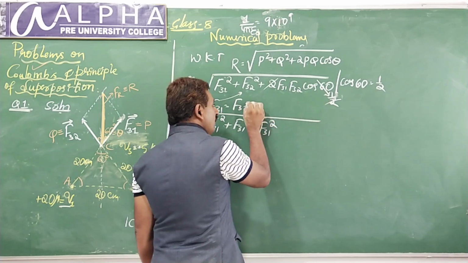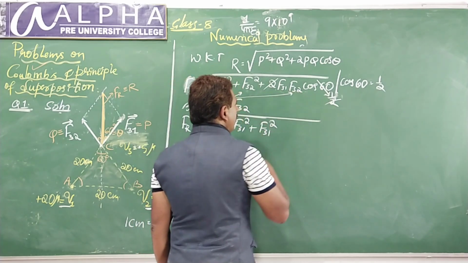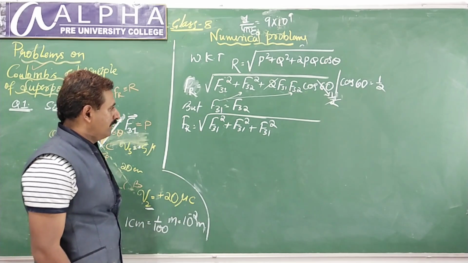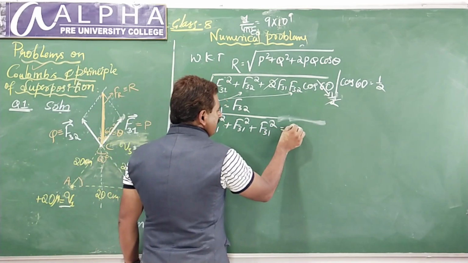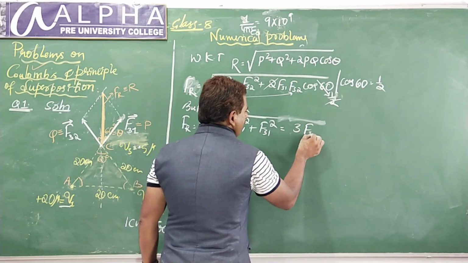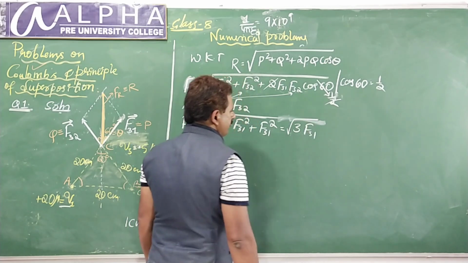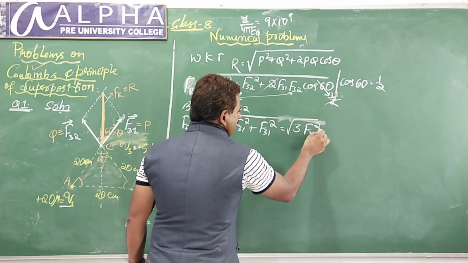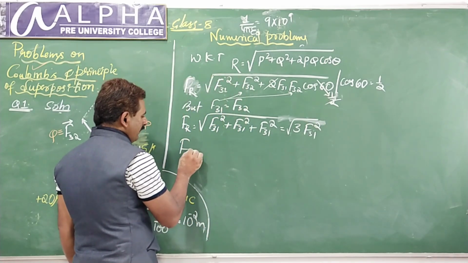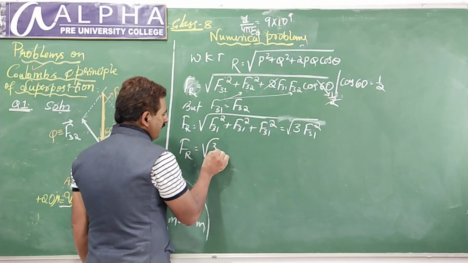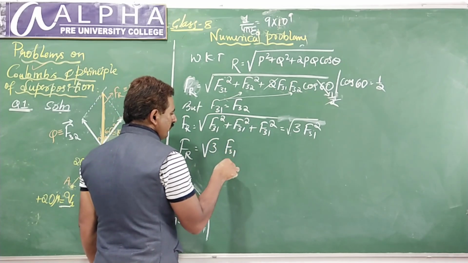Because instead of F32, you will write F31 only. How many terms are there? 3. So what do you write? 3 times F31 squared inside root. Since it is squared, it comes outside the root and becomes just F31. So it is root 3 times F31.